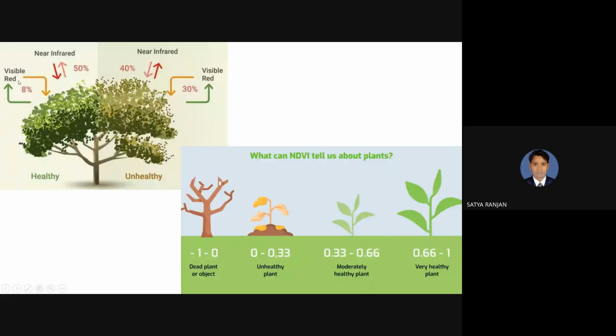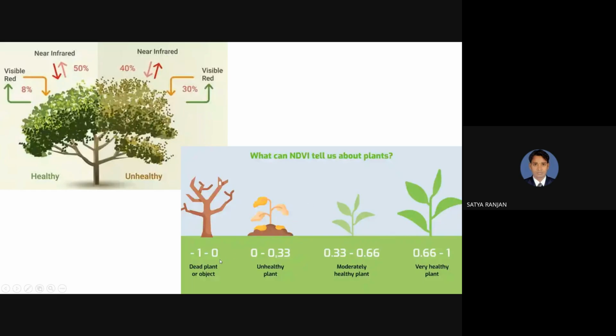Most of the visible bands and red band are absorbed in healthy vegetation, and the near infrared, most of the time 50% is reflected, but in unhealthy vegetation the reflection is 40%. By this estimation we can know which is healthy vegetation and which is unhealthy. So likewise, this is the comparison.